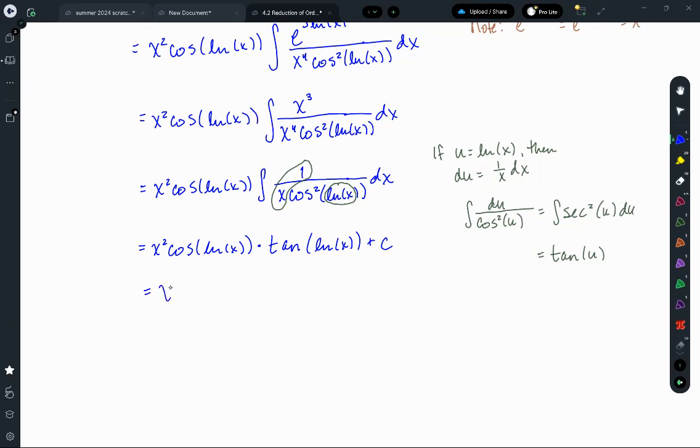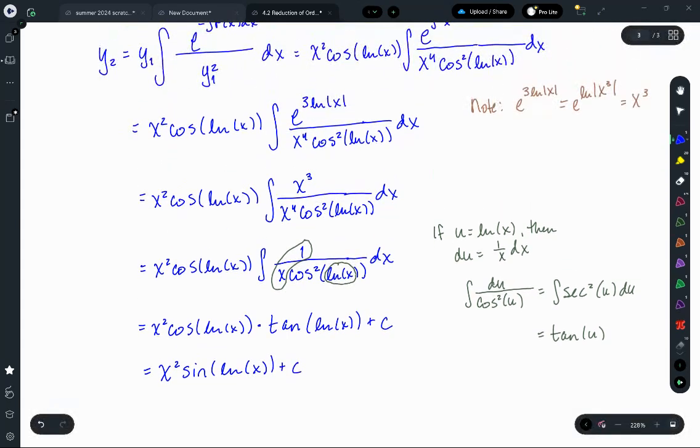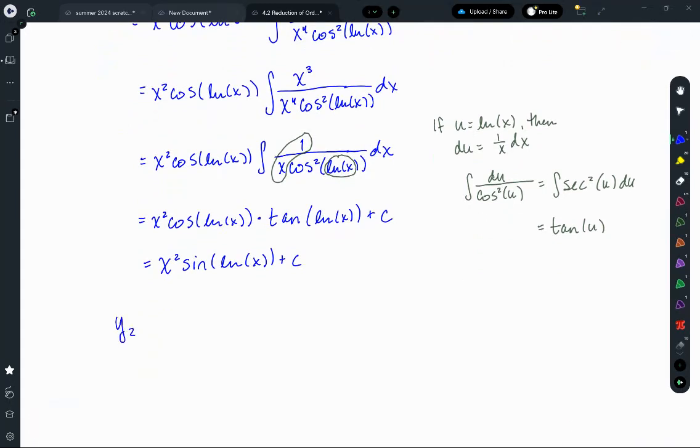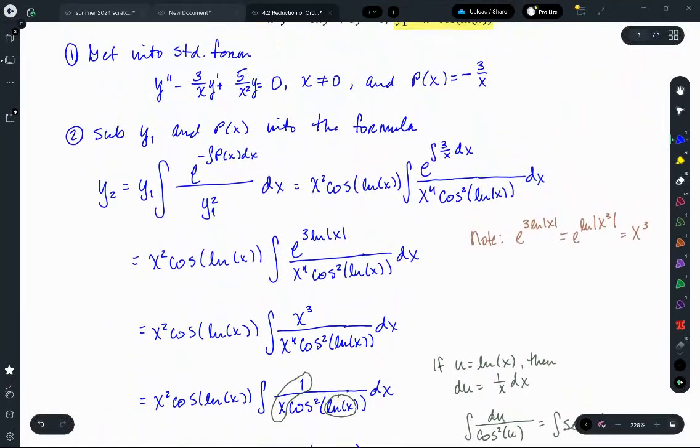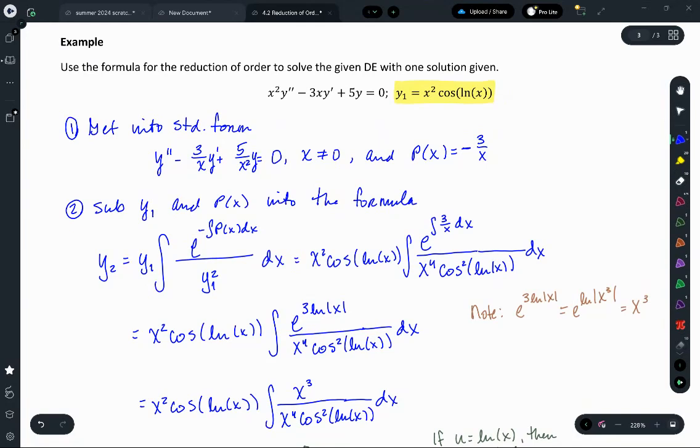And I'm going to be left with x squared sine of ln of x plus c. And what this is telling me is that y2 is equal to x squared sine of ln of x, which is what we're after.